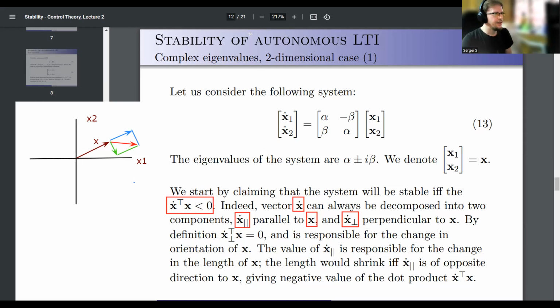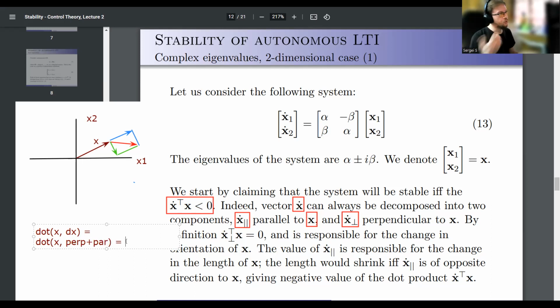Good. Now, when we are going to have the dot product between x and dx dt, I will just denote it as dx for now. This is the same as the dot product of x with the perpendicular component plus the parallel component, right?